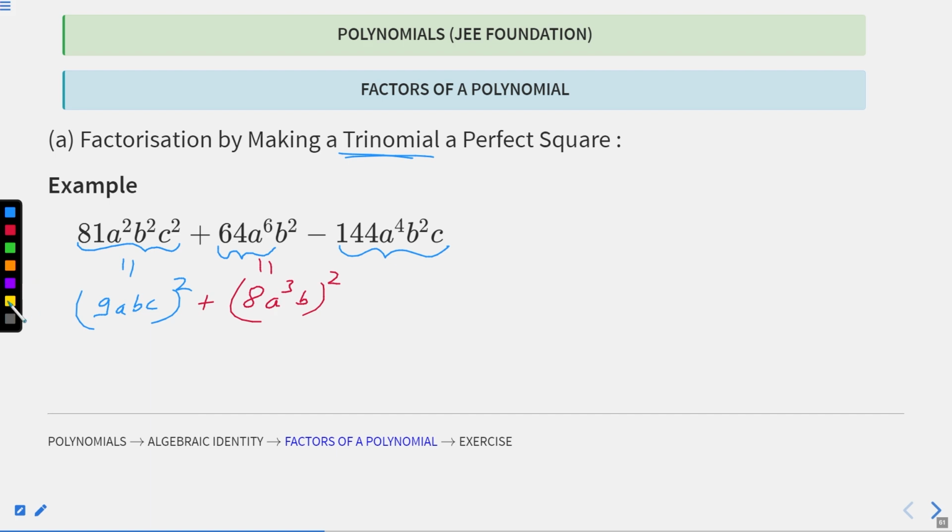In a similar manner, I can write the last term like this. Let's say 144 is equal to 12 square.